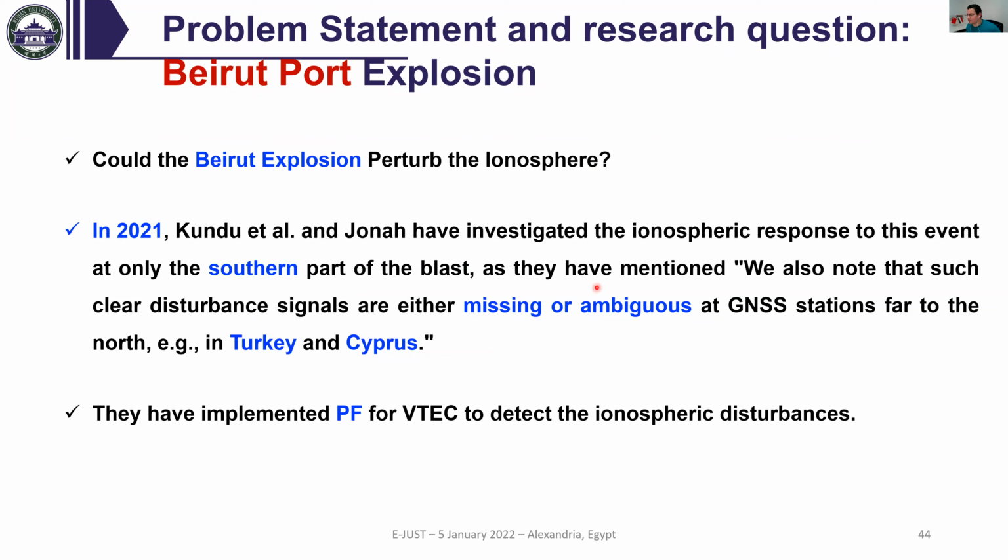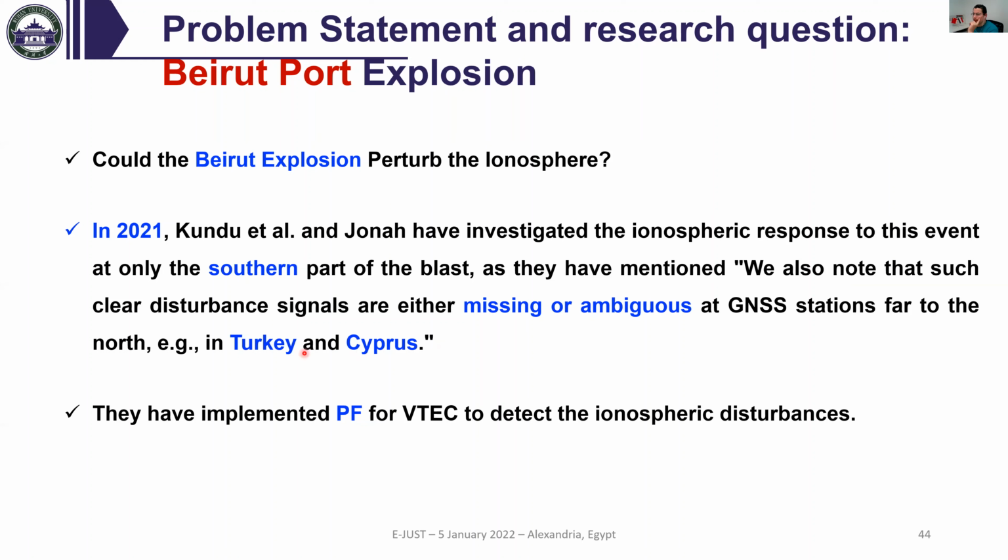And as Kondo said, we also know that such clear disturbance signals are either missing or ambiguous at GNSS stations over Turkey and Cyprus.